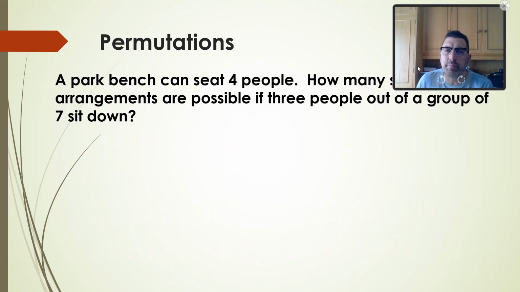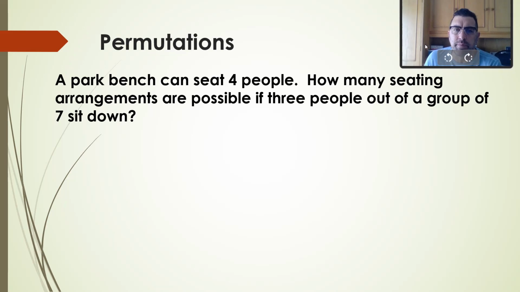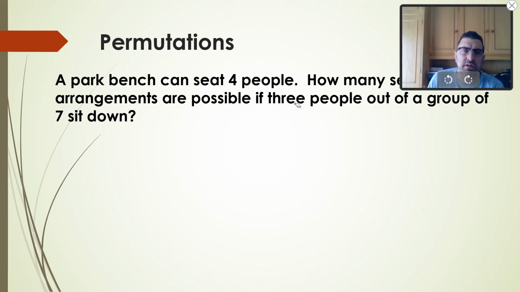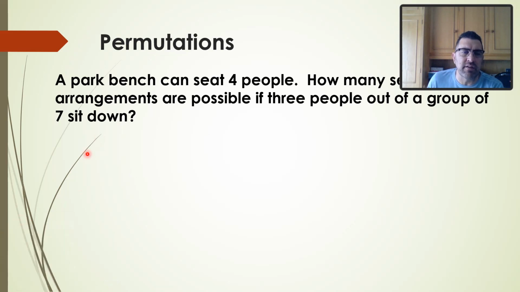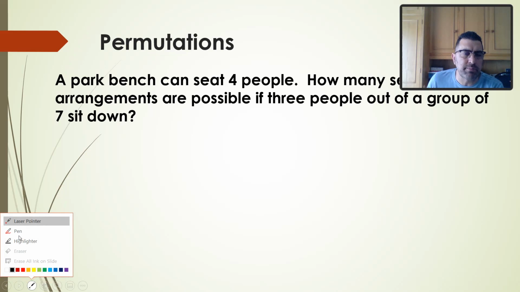Then we have a park bench that can seat 4 people. How many seating arrangements are possible if 3 people out of a group of 7 sit down? So let's just summarize what we have. Where's my pen? There.